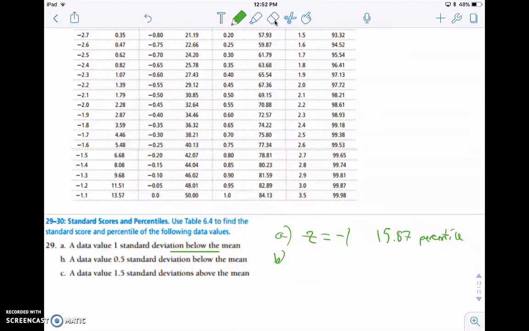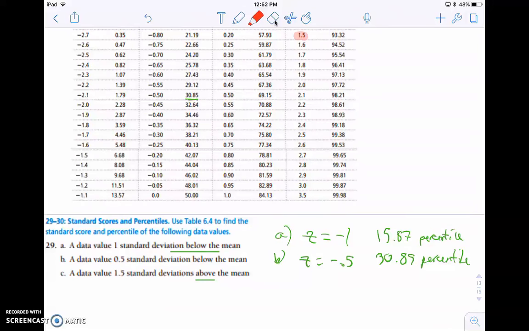And B, if you're 0.5 standard deviations below, that would be negative 0.5, because again, you're below. So you find negative 0.5, and right there is the 30.85 percentile. And then lastly, 1.5 standard deviations above the mean.